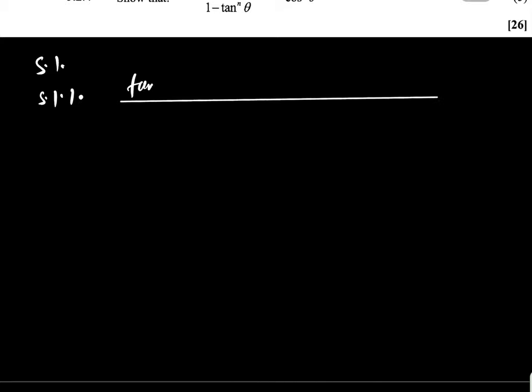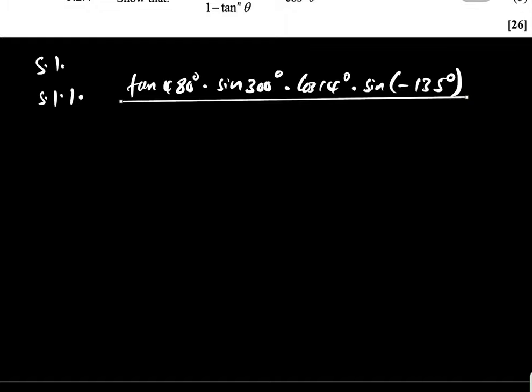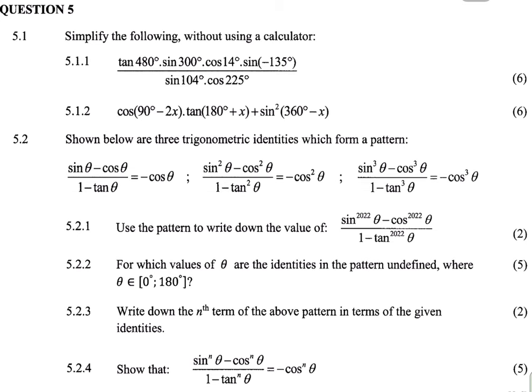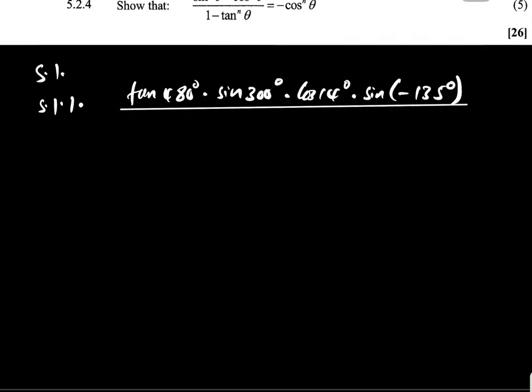That is tangent of 480 degrees multiplied by sine of 300 degrees multiplied by cos of 14 degrees multiplied by sine of negative 135 degrees. I'm just going to enlarge my division here, so you can check: we have tan of 480 degrees, sine 300, cos 14, and sine of negative 135 degrees.